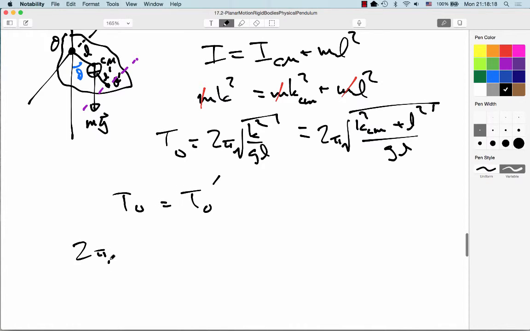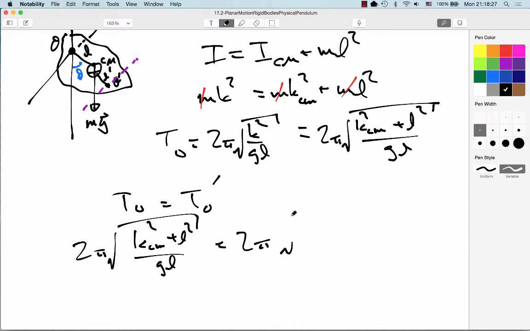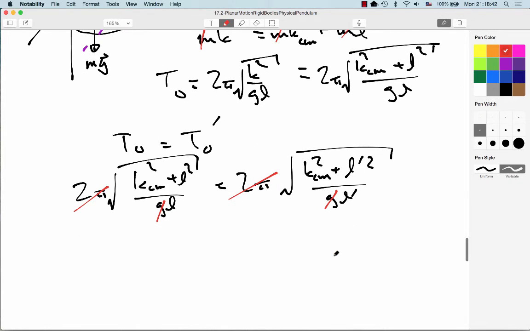So this is 2 pi root K_CM squared plus L squared over GL. That would have to be equal to 2 pi root K_CM squared plus L prime squared over GL prime. Okay, we can go on and cancel what we can.